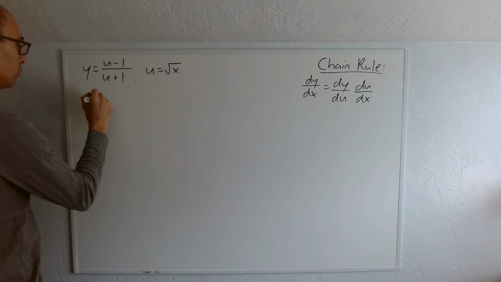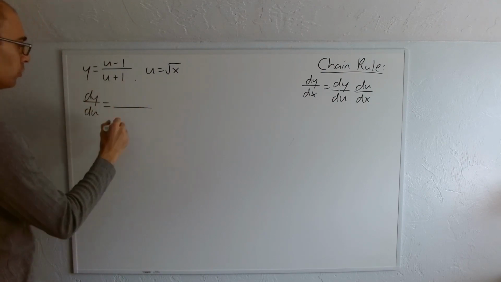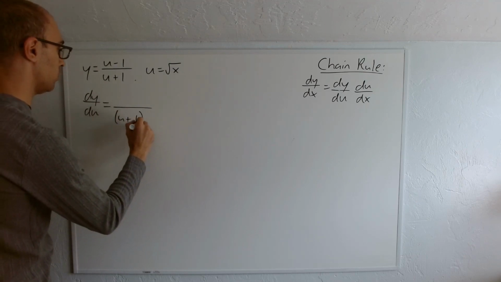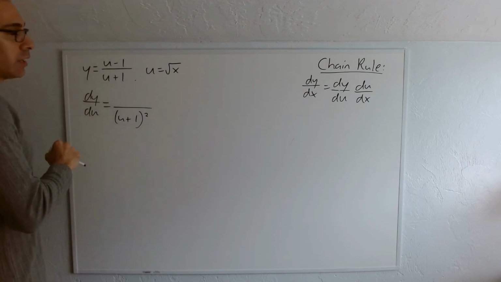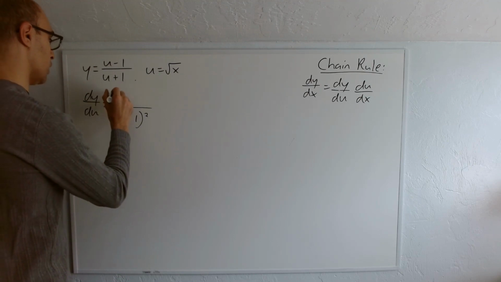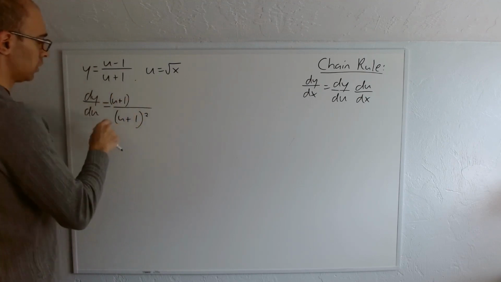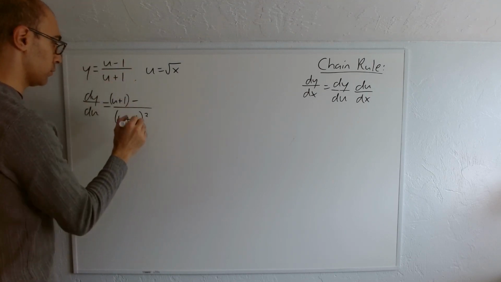First, let's find dy du, and this is going to be quotient rule. So we're going to have u plus 1 squared in the bottom. And then for the top, I just need to think for a moment because I always mix them up. We're going to have u plus 1 times the derivative of the top piece with respect to u, which is just going to be 1. Okay.